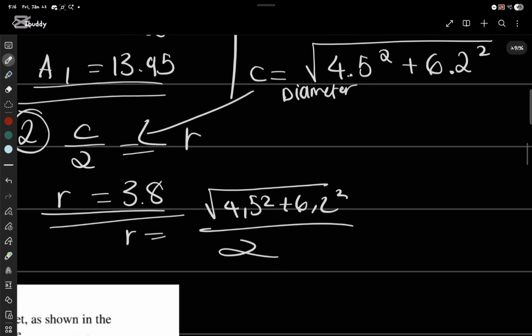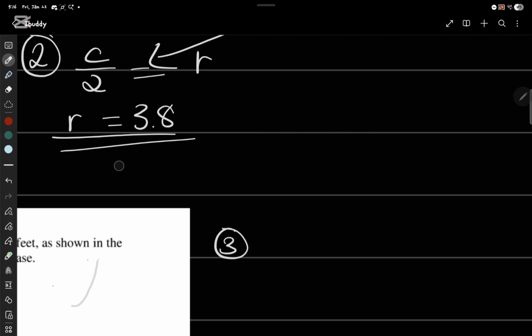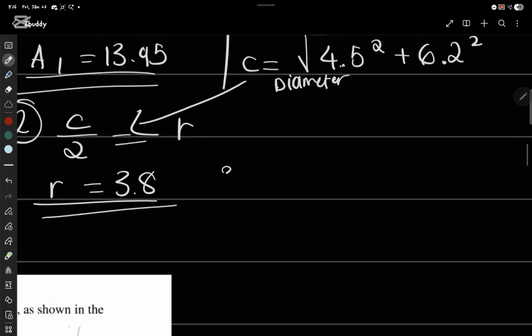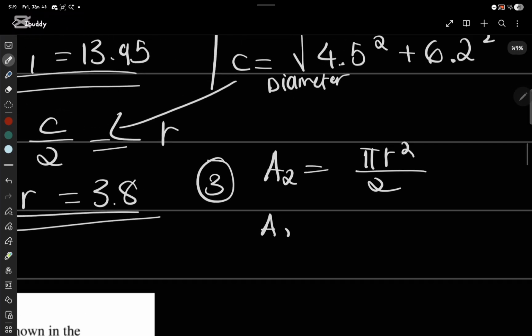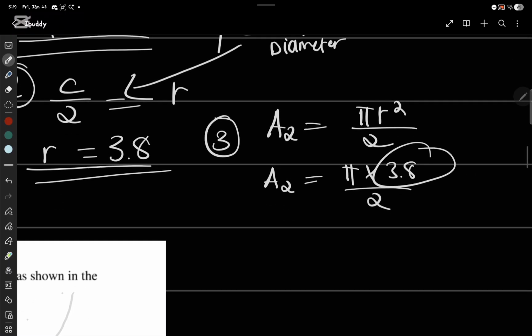Okay, so you have the radius here. Radius is 3.8. I have my answer key, so I don't have to write the whole fraction down. So now we have the area 2. Plug in the formula. So pi r squared divided by 2, right? Area of a semicircle. So area 2 is going to be pi times 3.8 squared over 2. Obviously, 3.8 here is a rounded version, but on my calculator, I'm using the actual answer key for that.